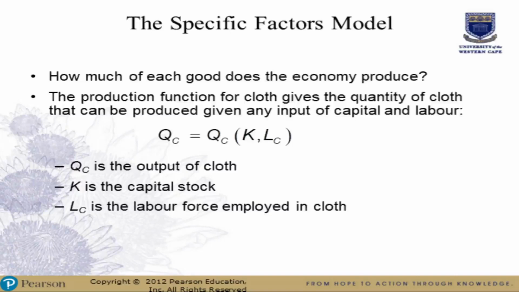This can be illustrated algebraically as total cloth output being a function of capital stock and labor, where QC is the total quantity of cloth, K is the capital stock, and LC is the labor employed in the production of cloth.